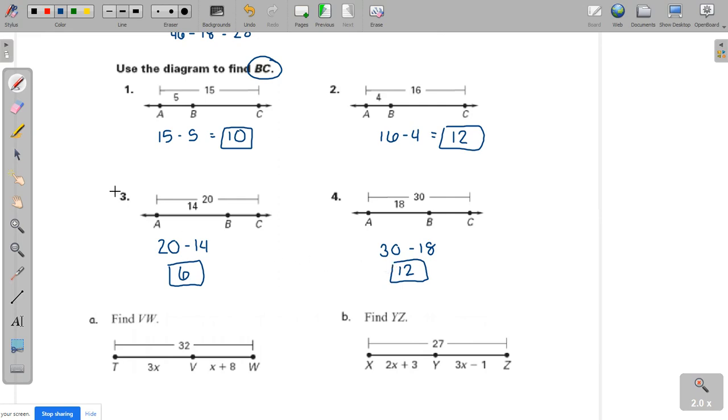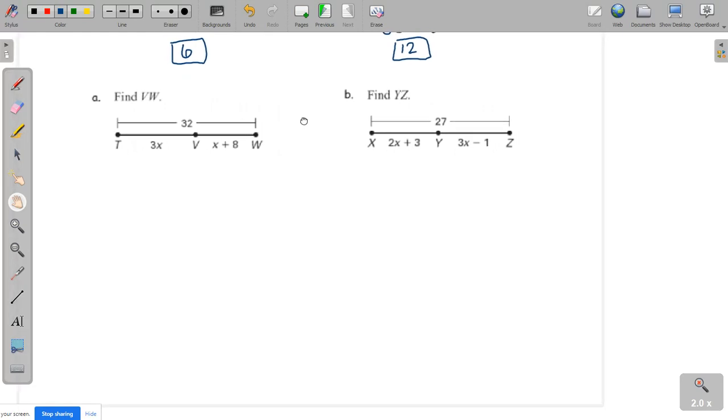So now let's go one step further with this. Instead of just working with numbers, we're going to be working with expressions. It's the same process. So we need to find VW. So we need to find this length here. So we have the full length, and we have two partial lengths.